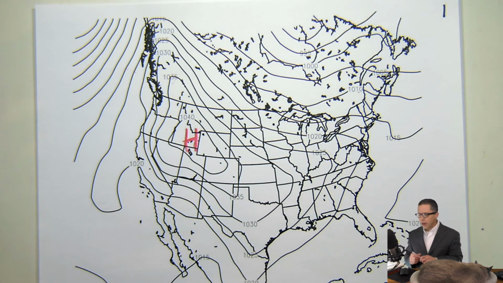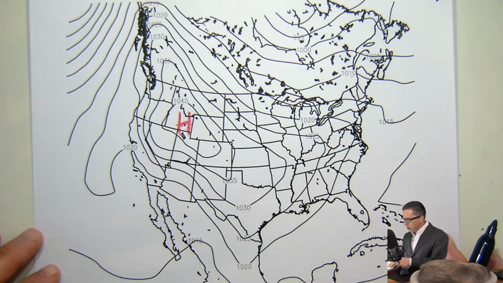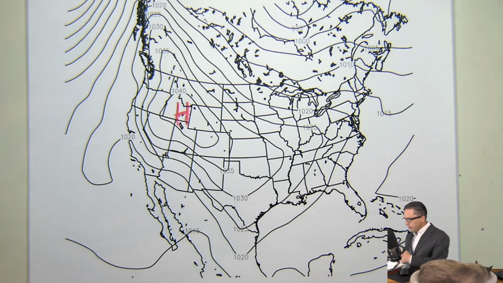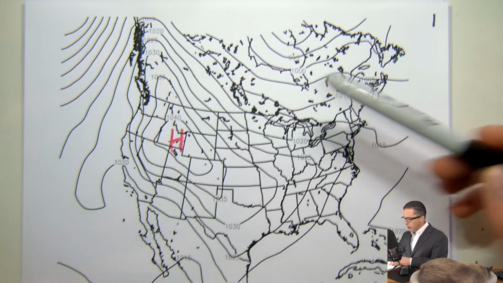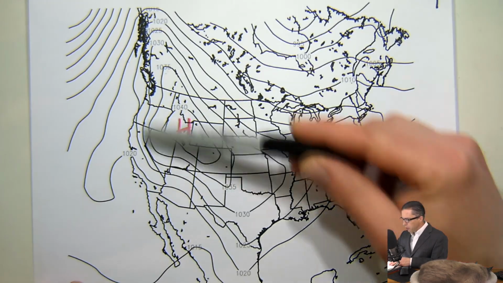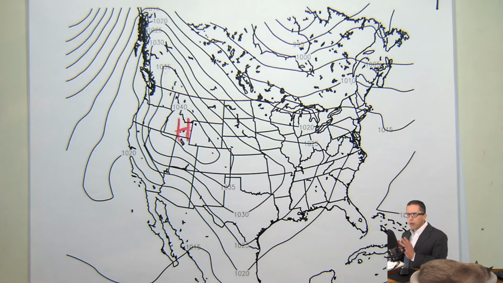So let's return now to those three handouts that we were looking at earlier, these sea level pressure maps. Now we can make predictions about the direction of the wind. The first one we looked at, map number 1, has a high pressure, this big blob here. I know now that winds travel clockwise around a high.